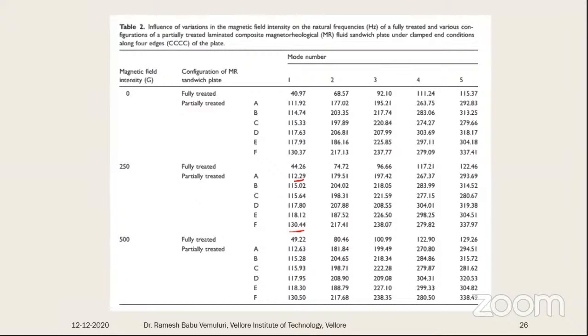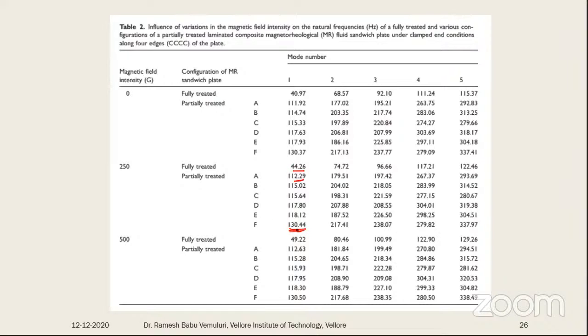So then we can observe this with the fully treated. The fully treated natural frequency and then the partially treated one with the same dimensions. Here we can observe 44.26, this 130 to the 44, so almost a 90 hertz difference. This difference is because the mass increased here and here the mass is reduced.